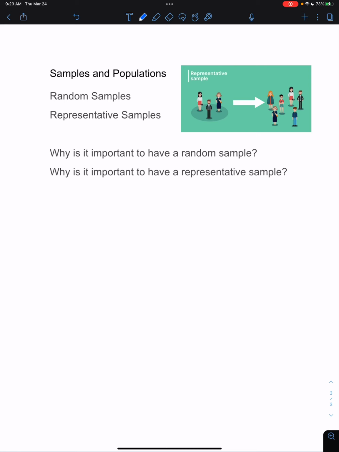So we could have a random sample. And in this case, we would just close our eyes and pick people or cars or dogs or whatever situations from the whole population. So we would literally just randomly choose a subset of the population.